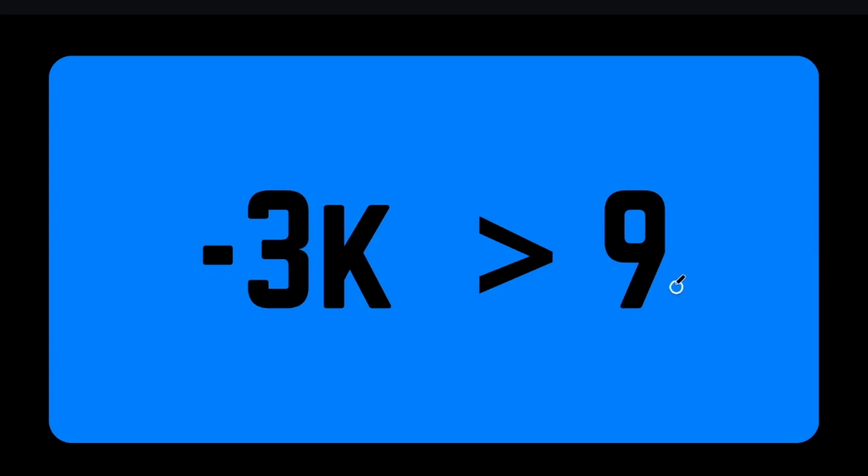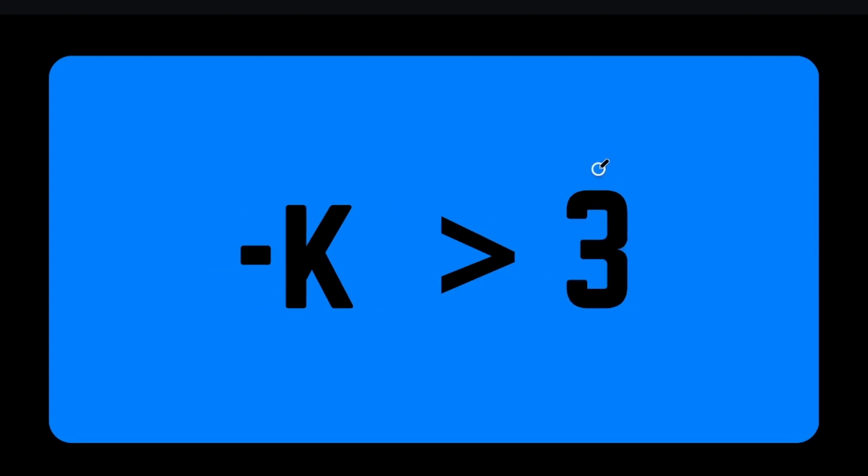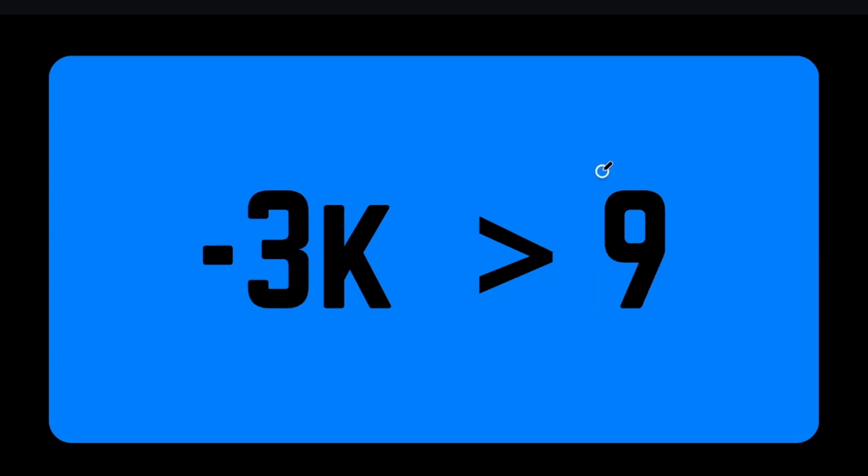Pretty simple. And now, here comes all the inequality rules and whatever. So first of all, there must always be only one of the k, or any variable, but in this case it's k. So that means -k is greater than 3. We divided the 9 by 3 because we divided the 3k by 3.